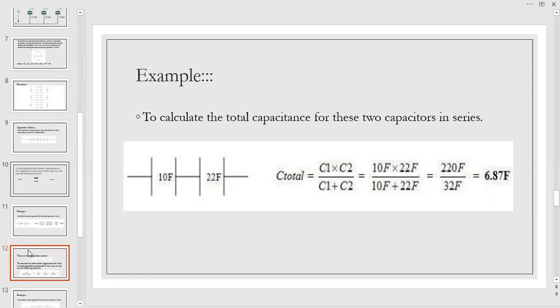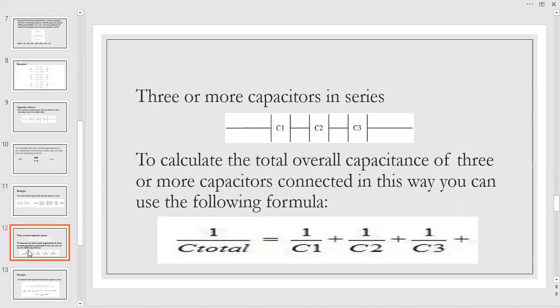For three or more capacitors in series, like C1, C2, C3, to calculate the total overall capacitance of three or more capacitors connected in this way, you can use the following formula: 1 by C total equals 1 by C1 plus 1 by C2 plus 1 by C3 and so on.